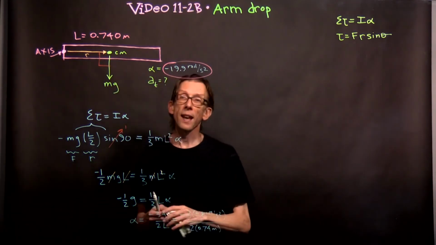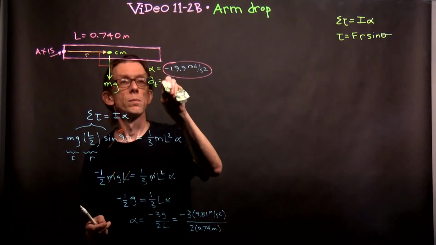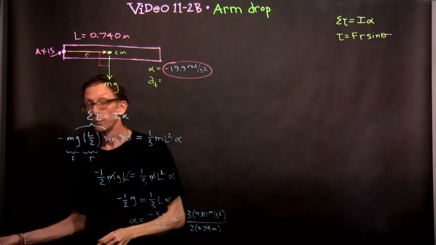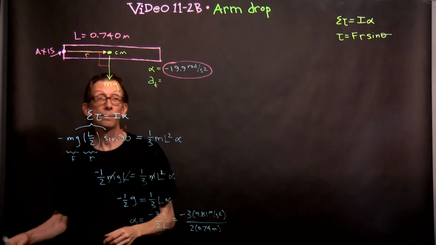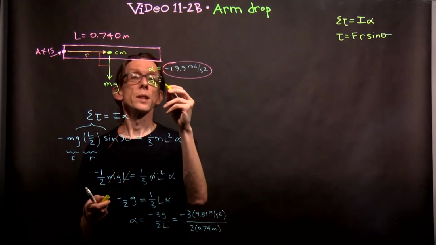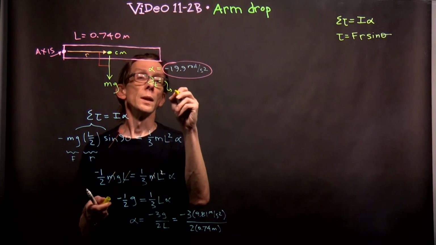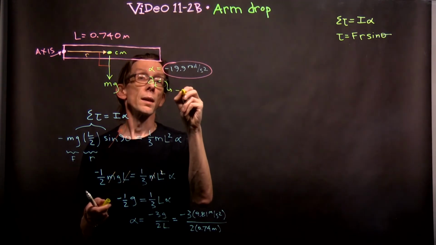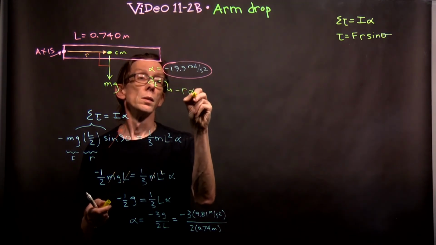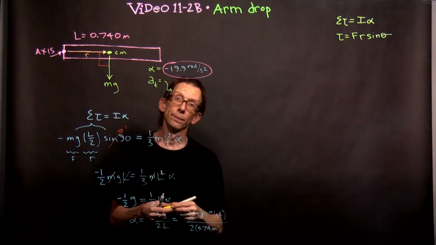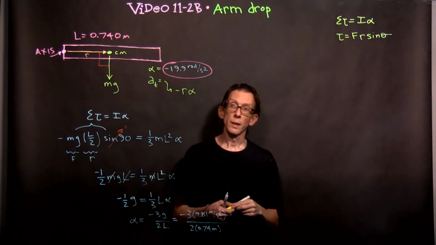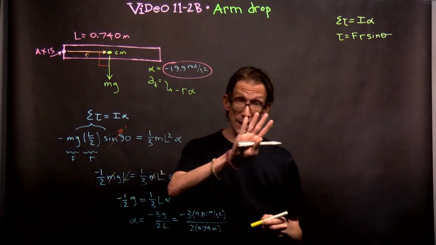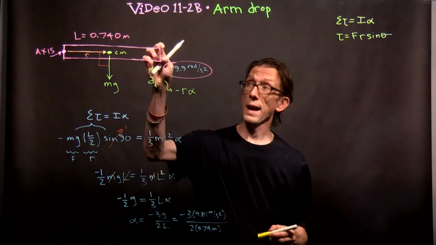Now, what is the tangential acceleration? Well, that's just a matter of plugging in. Tangential acceleration is equal to minus r alpha. Okay, and what we're looking for here, as I said, is the tangential acceleration of my hand way out here.